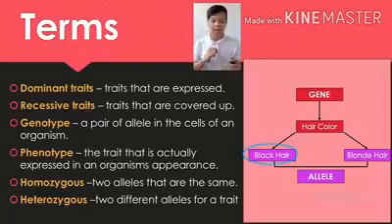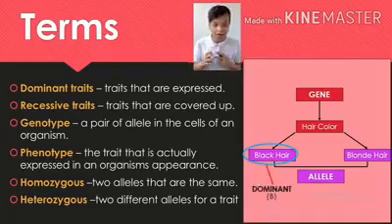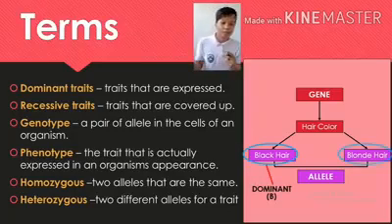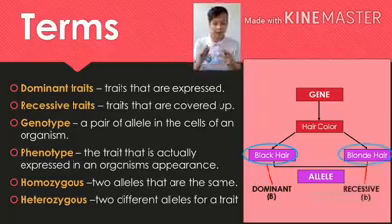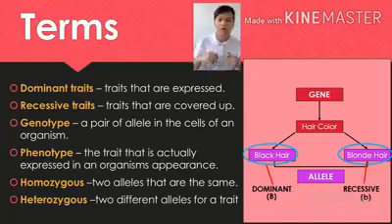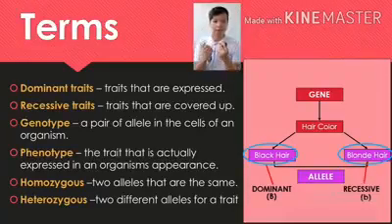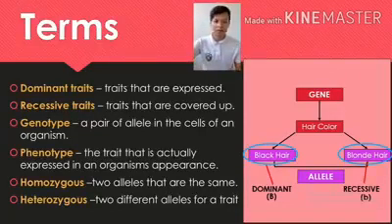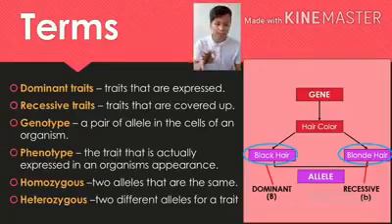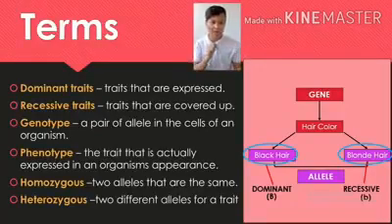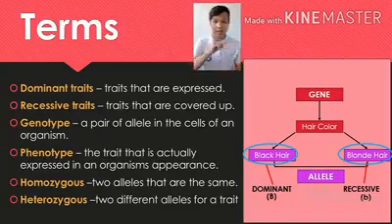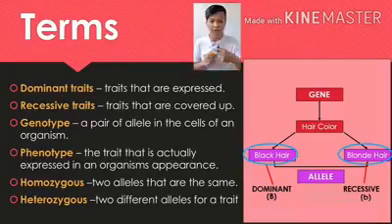Let's say for instance, having black hair is the dominant trait, while having blonde hair is the recessive trait. Now, in our cells, alleles always come in pairs. Therefore, let's say for example, your father inherited to you a dominant allele for black hair, and your mother inherited to you an allele for blonde hair, which is recessive.